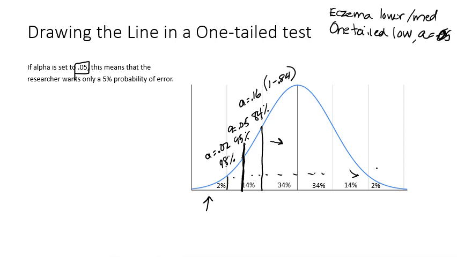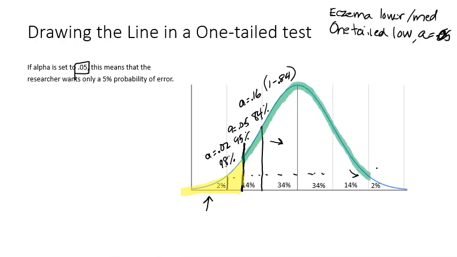And we know that only 5% of the scores are going to fall in this tail. We know that 98% of the scores are going to fall in this region.